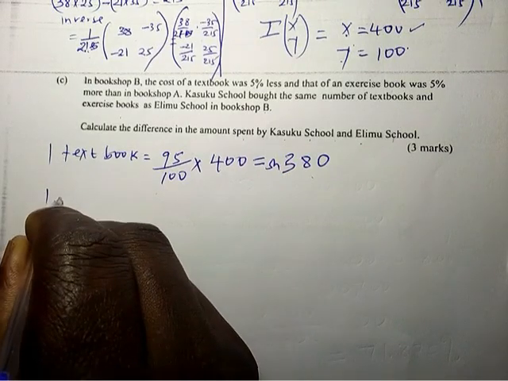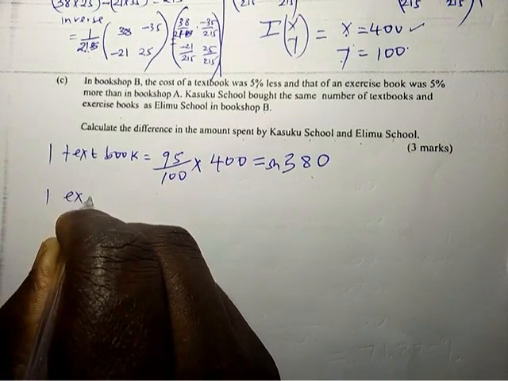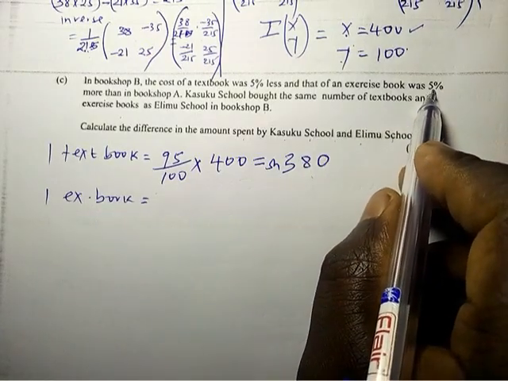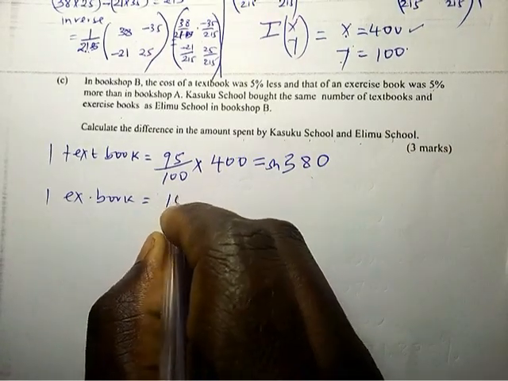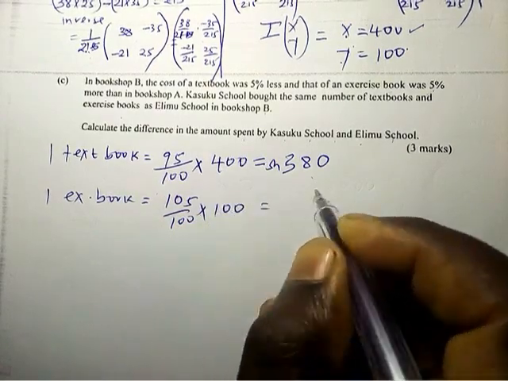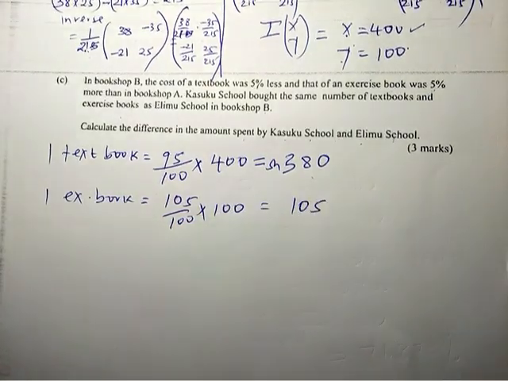Exercise book, one exercise book, they have added 5% more, so that is 105 over 100 times 100, so they will buy one exercise book at 105.